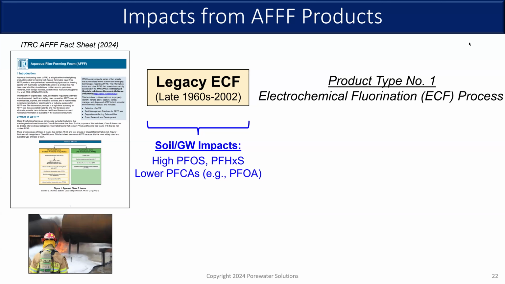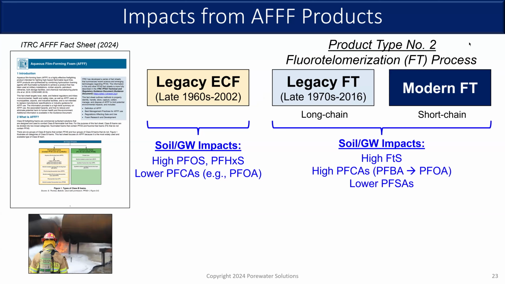It was the foam used in fire training at not just military airport sites, a lot of civilian airport sites, municipal fire training as well. So one type of product was produced with this ECF process. And when we see soil and groundwater impacts from that product getting into the ground, we tend to see high sulfonates like PFOS and PFHxS and lower concentrations of carboxylates.